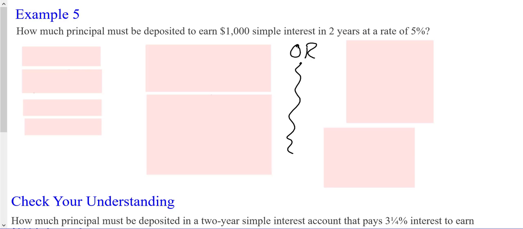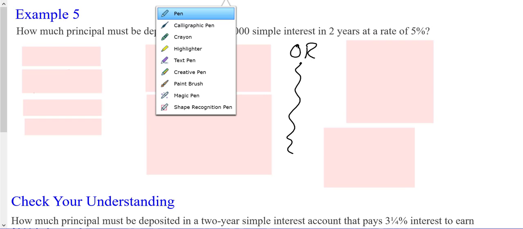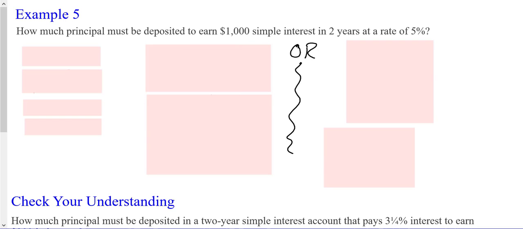In this last video, we're going to look at using the simple interest formula when the interest is given, but we're missing one of the other variables. So in this first example, it asks us how much principal. That is our question we're trying to find.